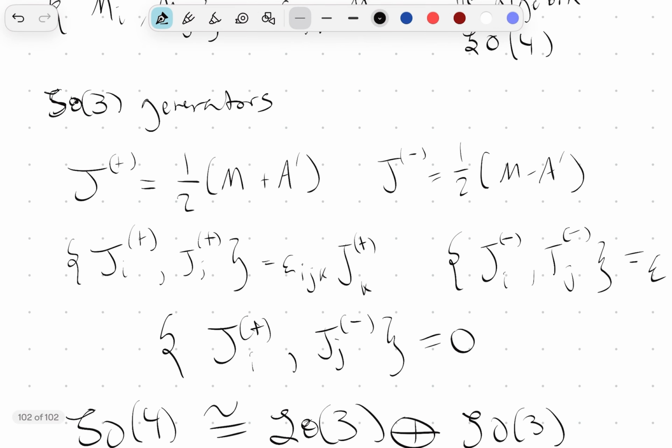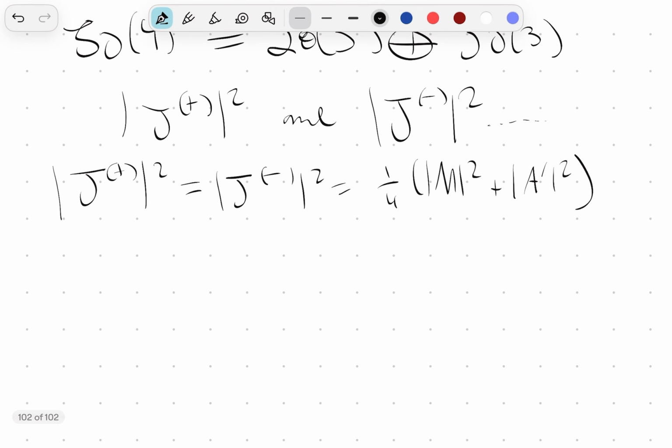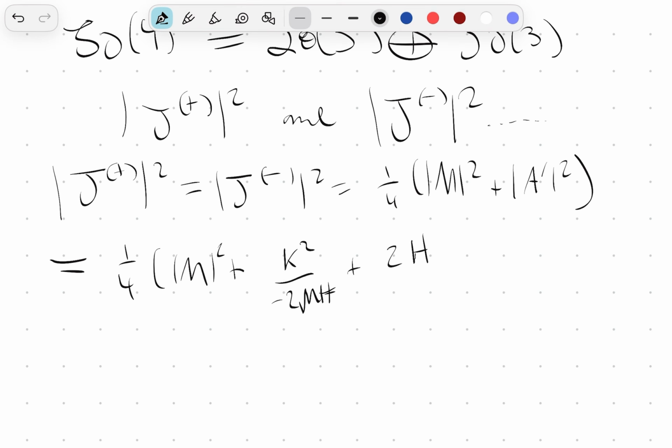1/4 of m squared plus a prime squared. And then if we substitute in the definition for the Runge-Lenz vector, where we square that, because we scaled it, remember? So we scaled it out. Minus 2hm.